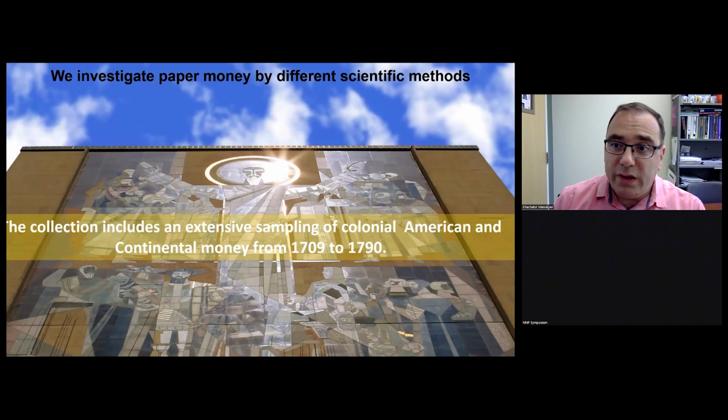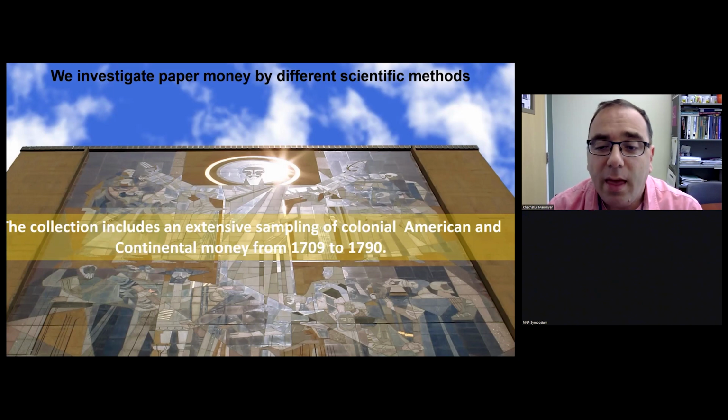So what we did in this work: at Notre Dame, in our Rare Books and Special Collections Library, which is part of Hesburgh Library, we have a very good collection of paper money, more than 600 notes of colonial American paper money, about 100 of which are Continental money, and the rest are colonial money.